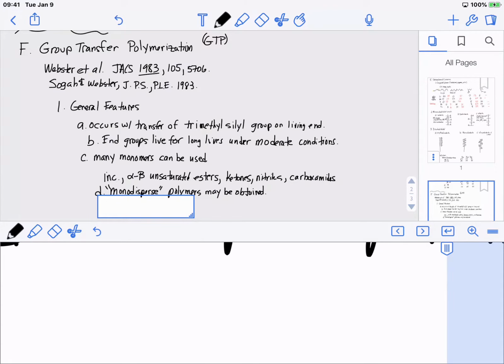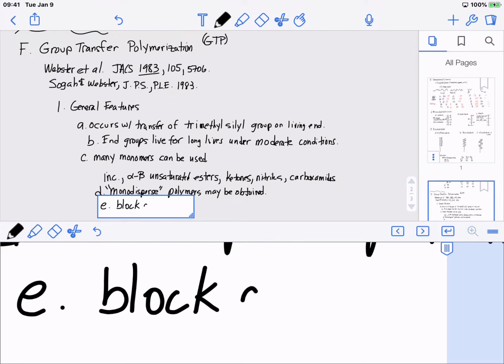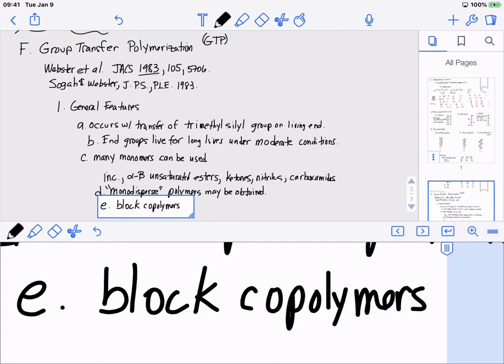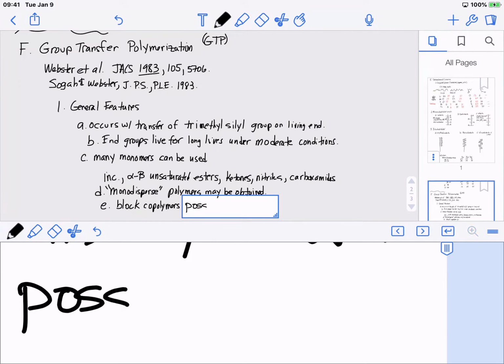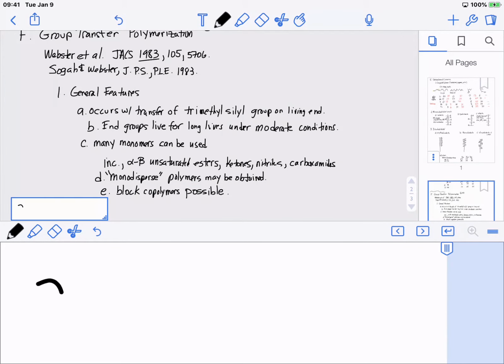And because they're kind of living, block copolymer is possible. Okay, so 2.